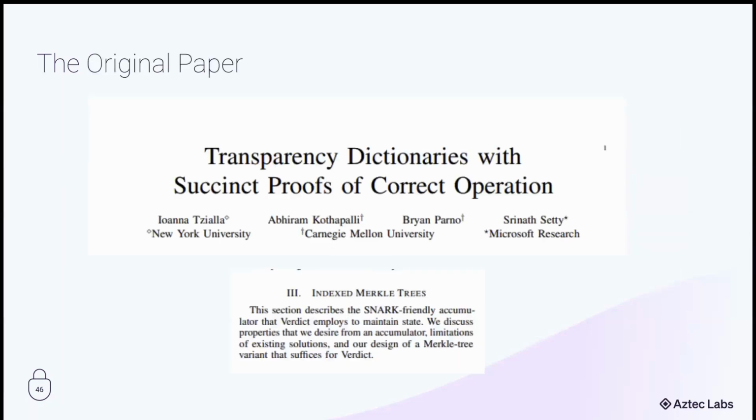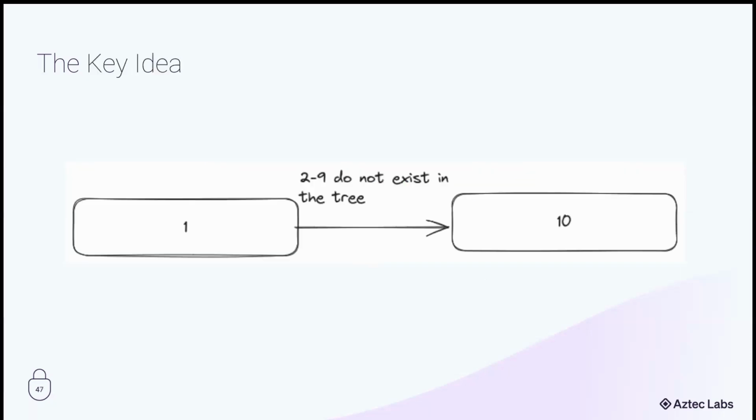The idea is also taken from this paper. With this idea at hand, we can start designing a more interesting tree that is a bit more complex to use than the sparse tree, but gives us some nice properties.